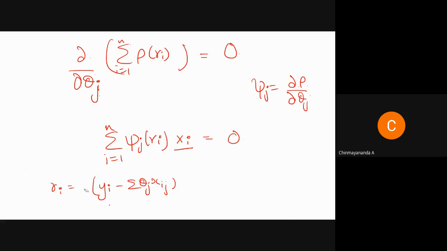If you plug these things into the above equation, you get this equation. Here I have to be clear: this is a system of equations, one for each component of xi. So you have to be careful. Xi is nothing but xi1, xi2, and so on until xip.